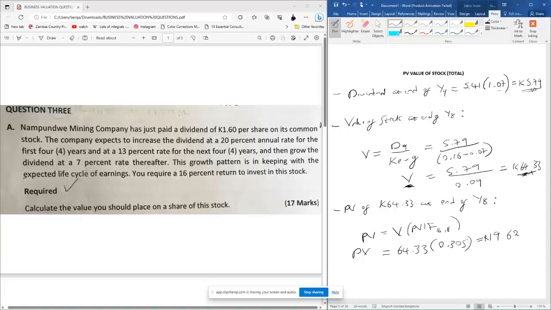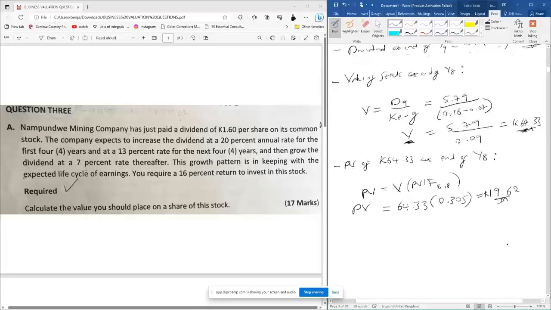So that 64.33 ngwe times 0.305, which is our discount factor at the rate of 16%, and the period of 8 will give us 19 kwacha 62 ngwe. That's that. Now, it doesn't just end here.